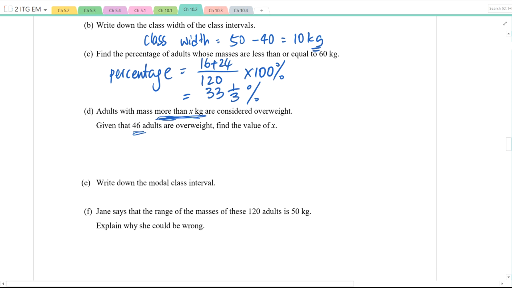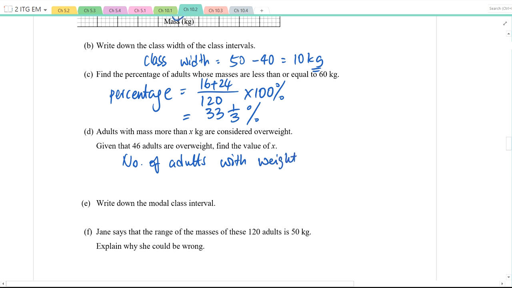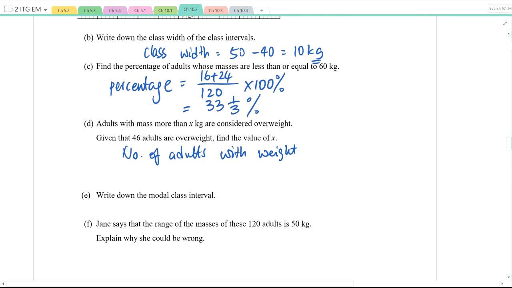So for our presentation, based on our description, the number of adults with weight 70 and above, right? Above 70, sorry, 70 and 90.